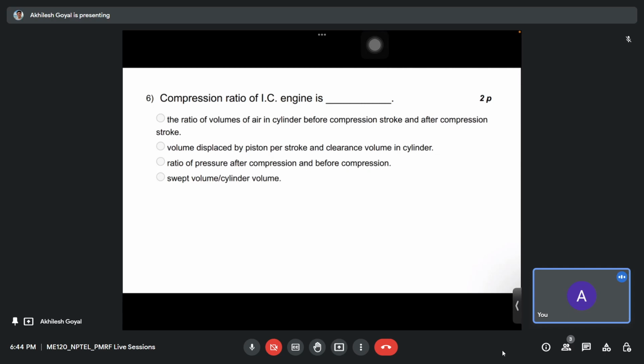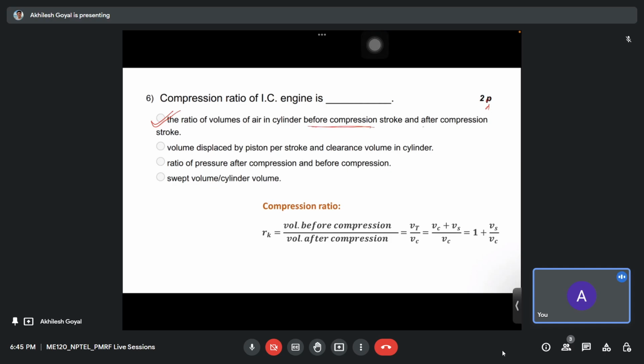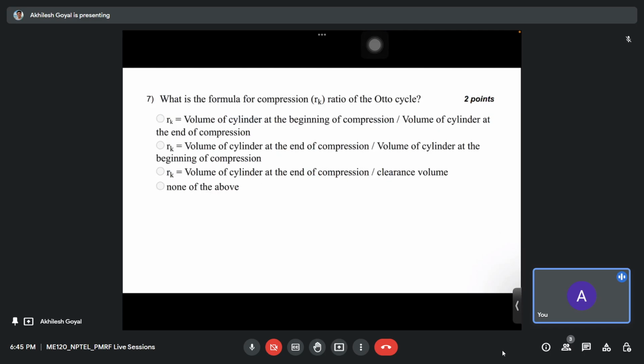So it is the ratio between volume before compression and after compression stroke, which we talked about in the first or second slides. So here it is, option 1, the ratio of volume of air in cylinder before compression and after compression. Let's move to the next question. That is, what is the formula for compression ratio?